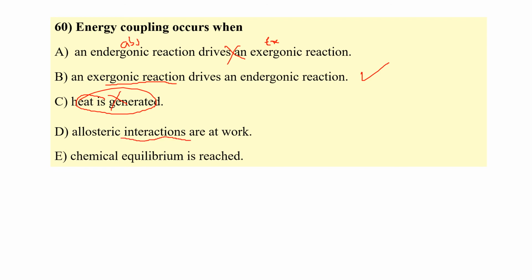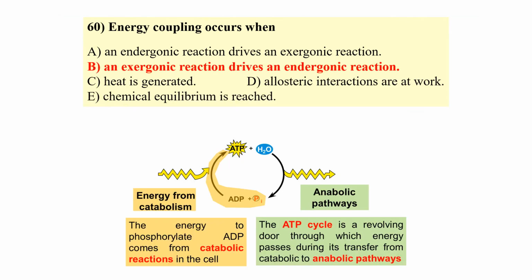Allosteric interactions are at work. If you remember, allosteric interaction is when you have an enzyme with multiple active sites. Chemical equilibrium is reached. This is not true. This is false. So the answer will be B.